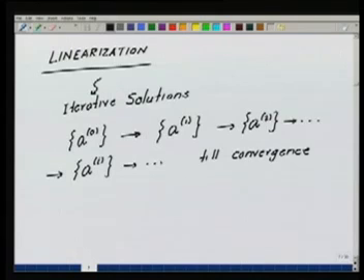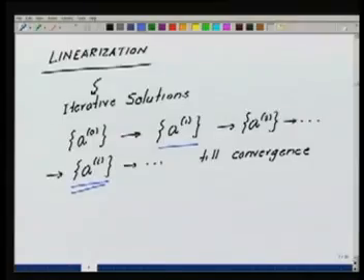Convergence means that the new vector that I get, starting from the previous guess vector, is an improvement over the previous vector. And finally, the vectors that we get do not change much in some measure. We have to give what is the measure that we are talking about.